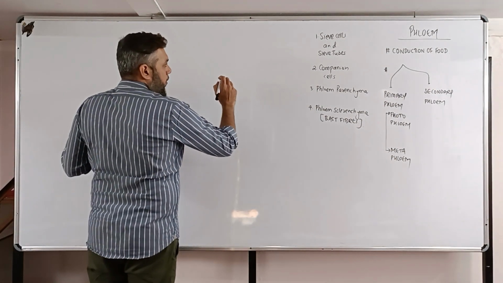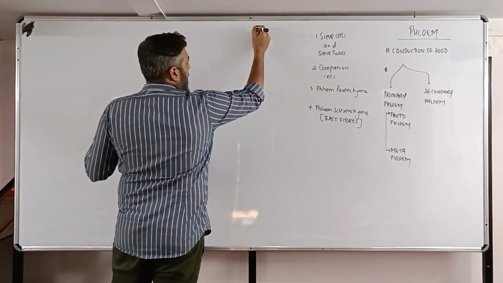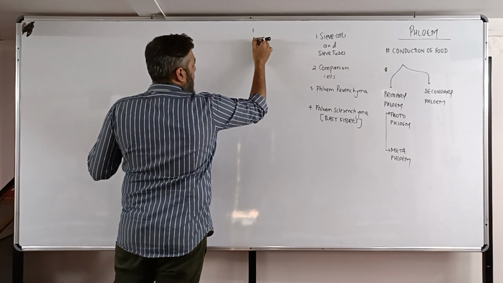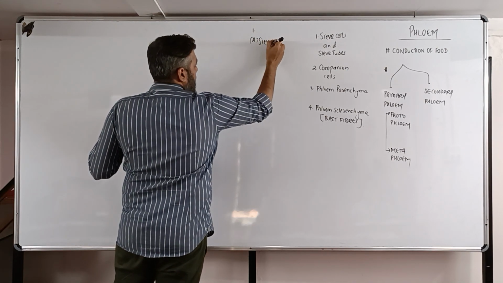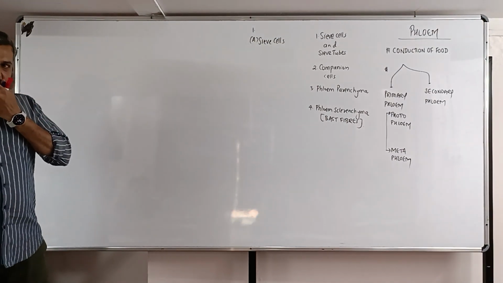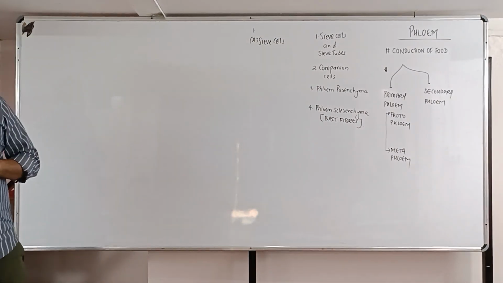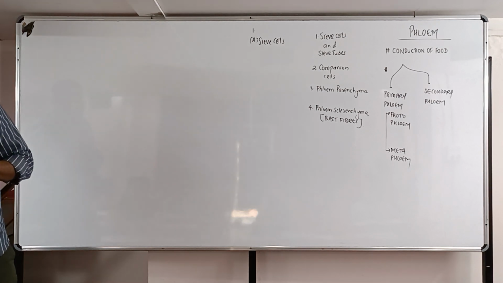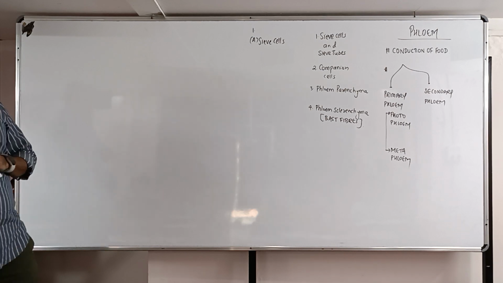So let us talk about the sieve cells. The sieve cells are characteristic features of pteridophytes and gymnosperms, not of angiosperms. So we come to the conclusion: are they primitive or advanced?